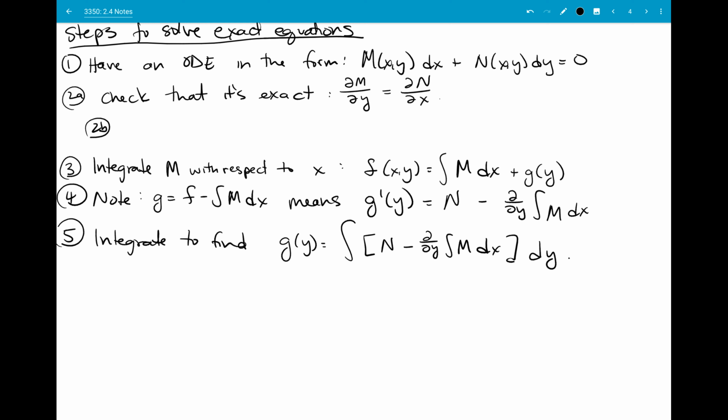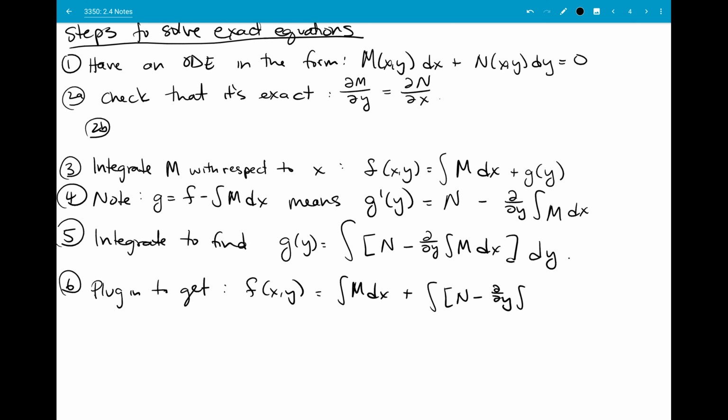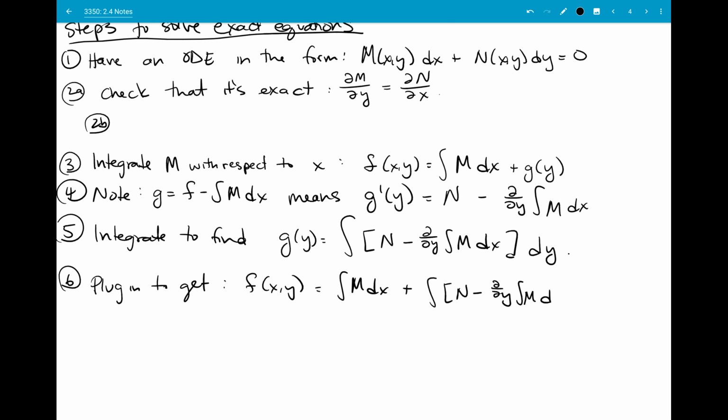So I found g. That means I can find that f of x, y from step 3 was the integral of m with respect to x, and now I just have to add g. So I add on the integral of n minus d dy of the integral of m dx, with respect to y.